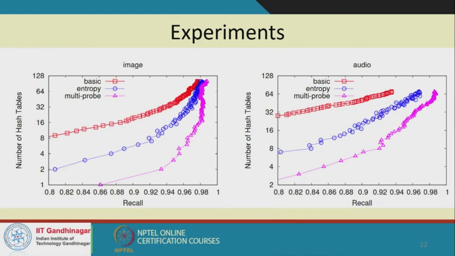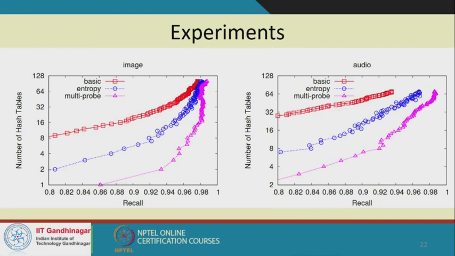In terms of experiments, this shows that it is really effective in reducing the space. I'll point you to one of the plots. On the y-axis is the recall, which means the fraction of the nearest neighbors that we have been able to return using LSH, and on the x-axis is the number of hash tables.